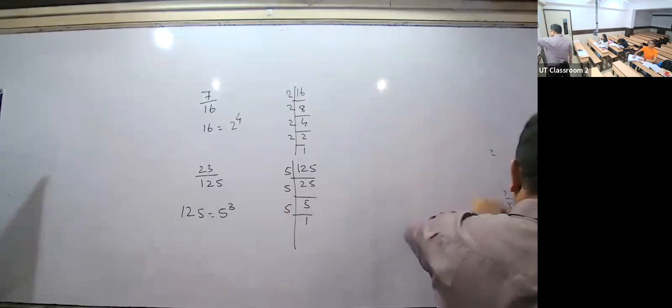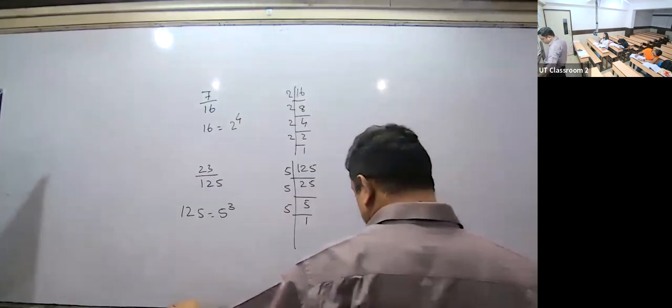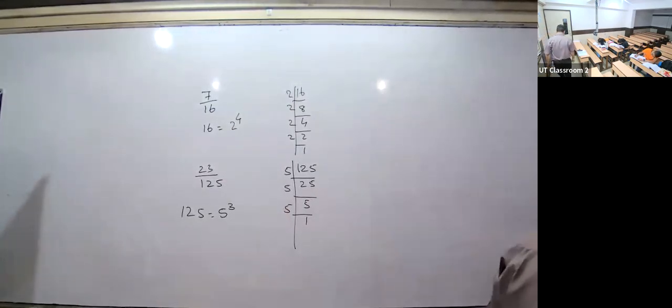It is also terminating. So the denominator has factors of 5 only, therefore it is a terminating decimal.